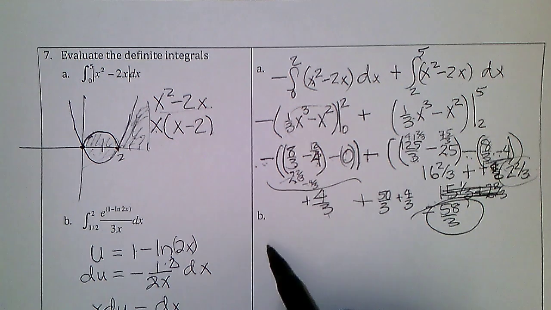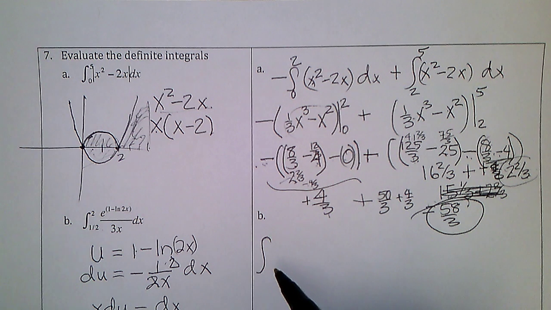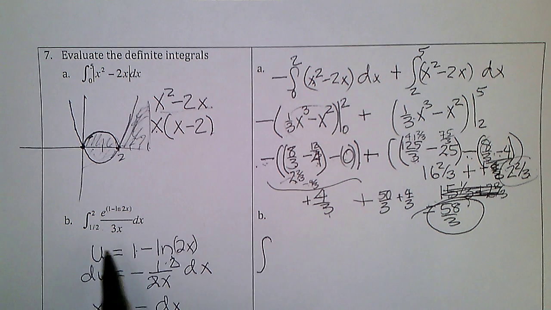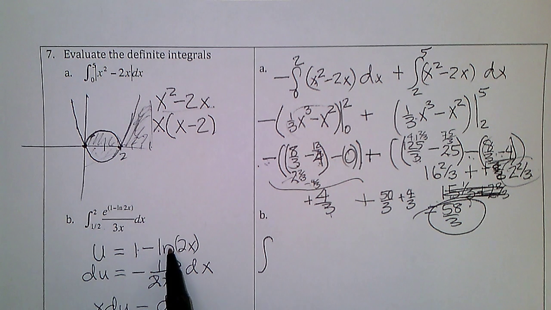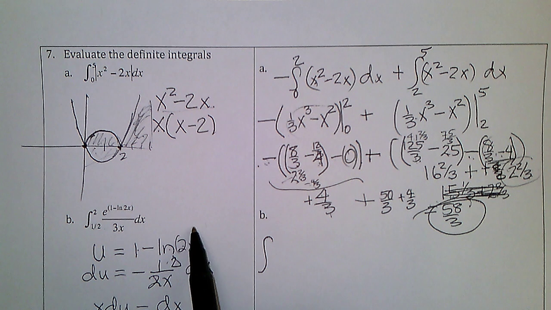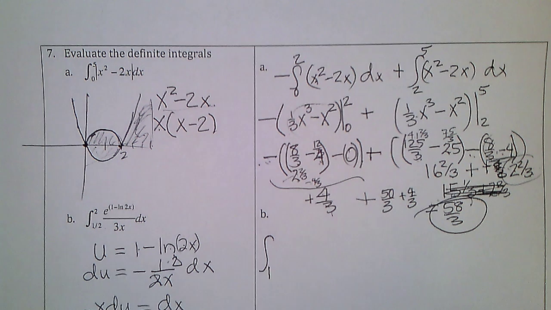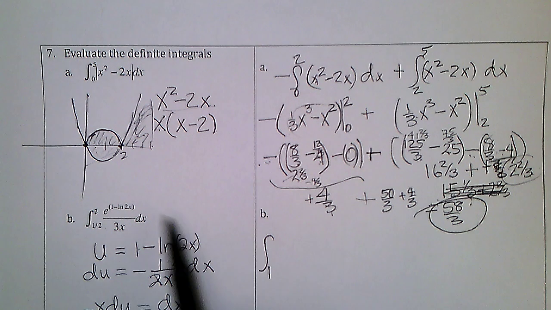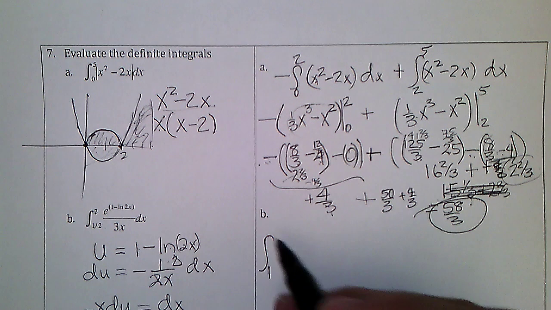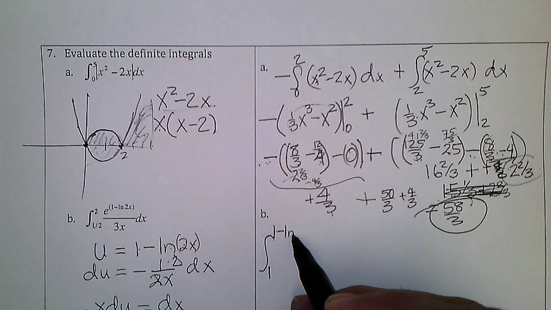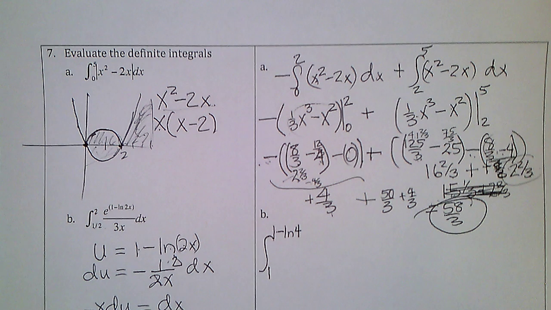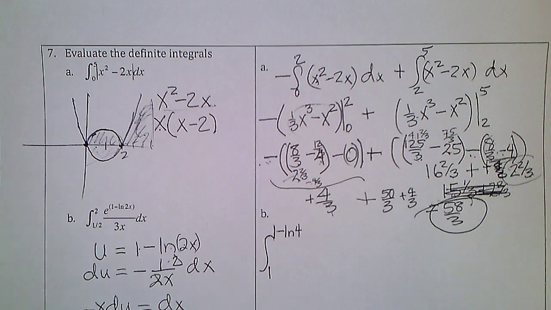So this becomes the integral, and if I put in 1/2 in here, ln of 2 times 1/2 is 1, ln of 1 is 0, 1 minus 0 is 1. If I put 2 in here, I got ln 4, so I got 1 minus ln 4. That's my new limits with u.